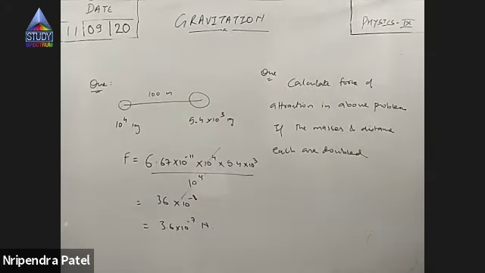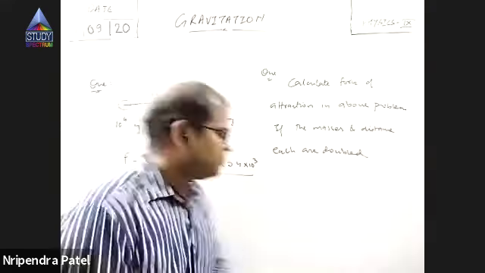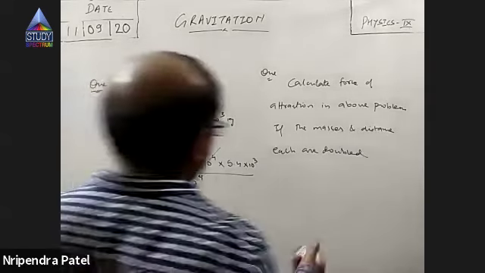What will happen to the force? What will be the force acting between the two masses then? Tell me the answer. It's a very easy question. No, the answer is the same.